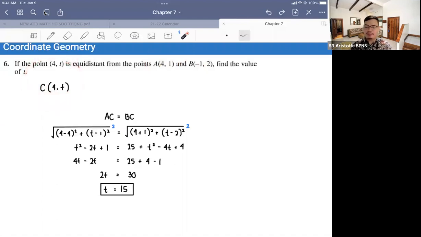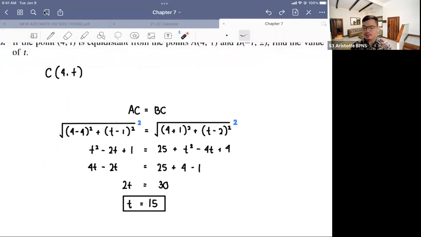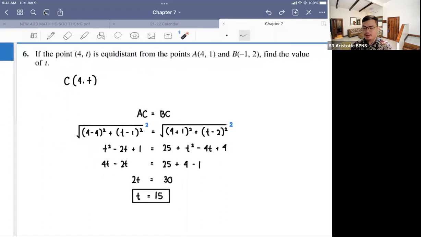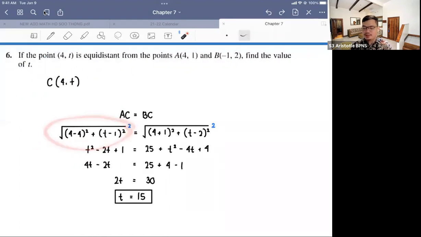So it says here that equidistant. So basically, they're the same. They're equal. That's why you have equal here. So the length of AC is equal to the length of BC. So applying the distance formula, let me zoom this. I'll have here the distance of AC is 4 minus 4, and then this is my y sub 2, this is my y sub 1.